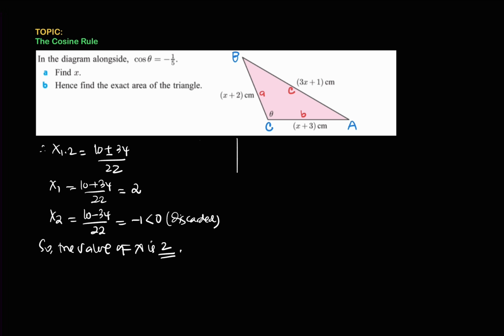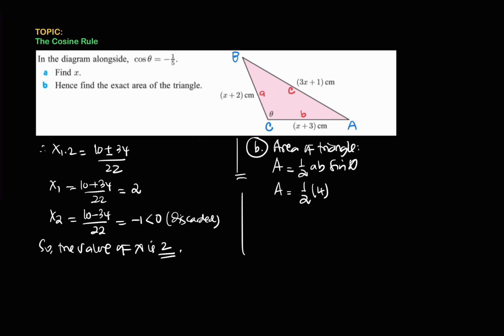The area of the triangle equals half ab sine theta. a is 4, because you can substitute it. Why is this 4? Because a before is x plus 2, so this is 2 plus 2, that's 4.